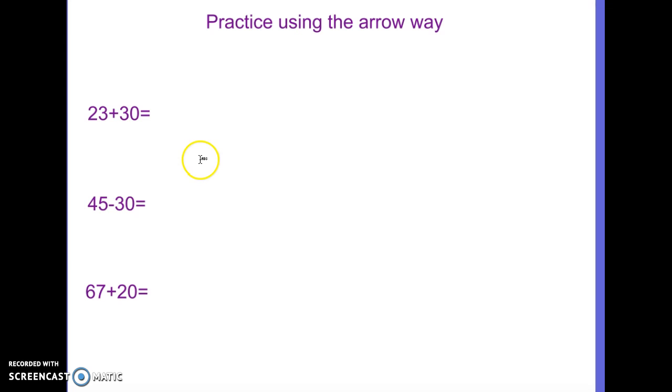I want you to look at this one right here. Okay, I have 23 plus 30. Write that down on your board. We're going to practice solving this using the arrow way. So what's the first thing we're going to do?